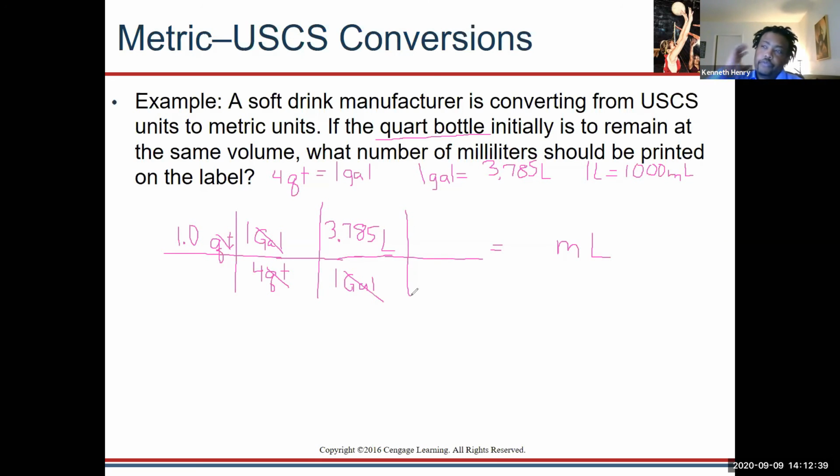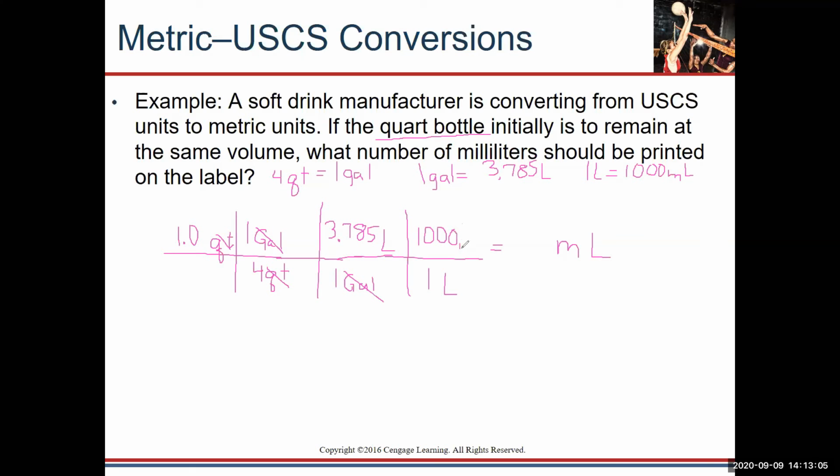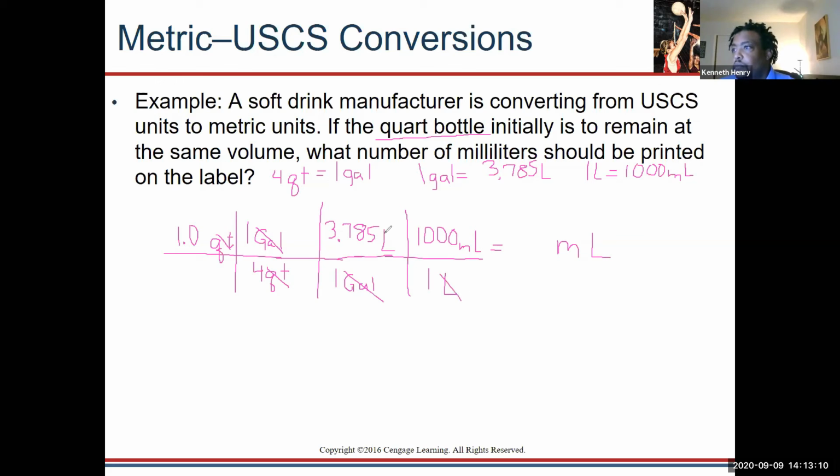So I have 3.785 liters up top. How am I going to get rid of liters and get milliliters? 1 liter at the bottom, and on top, it's 1,000 milliliters. Okay, so then that's going to give me my answer in milliliters.